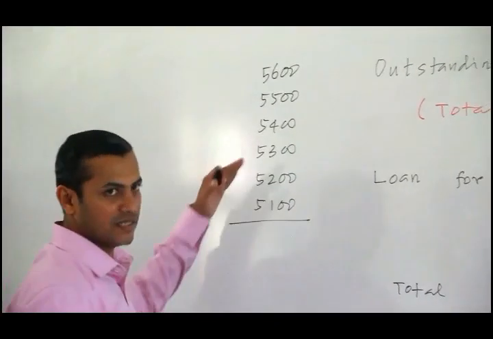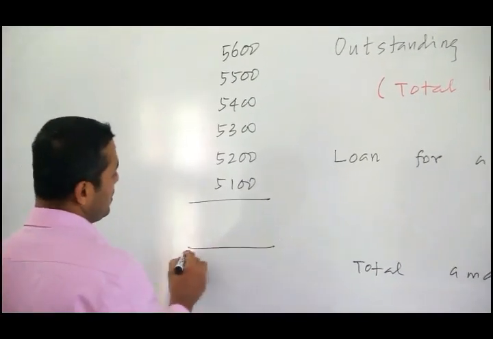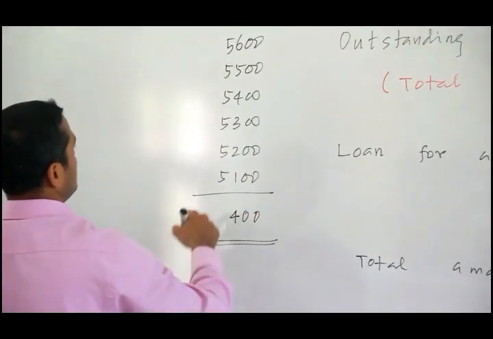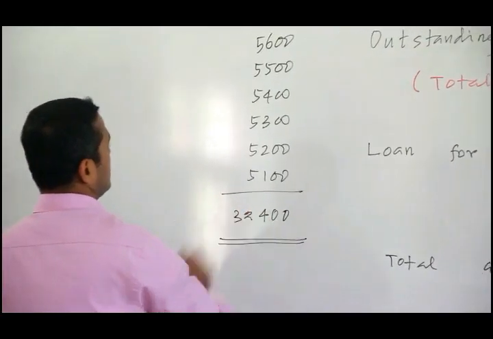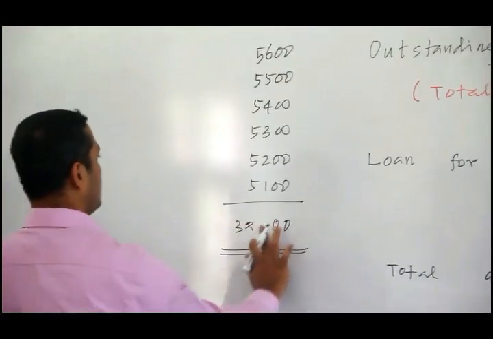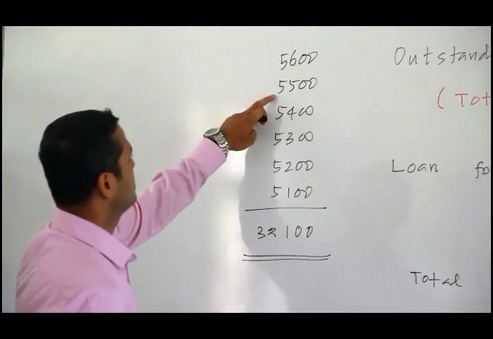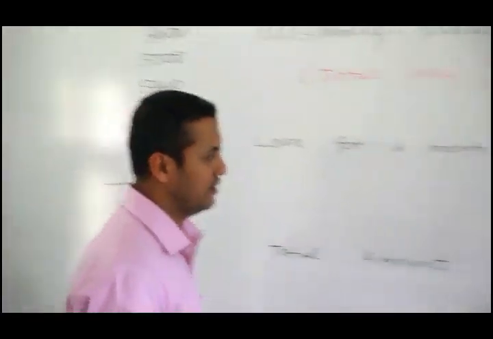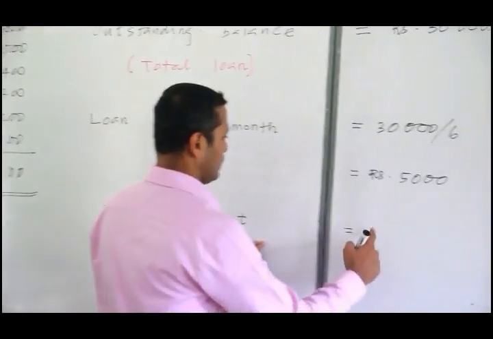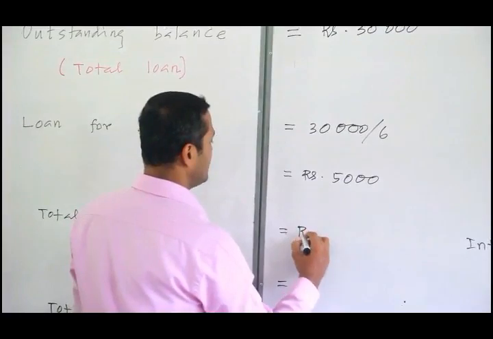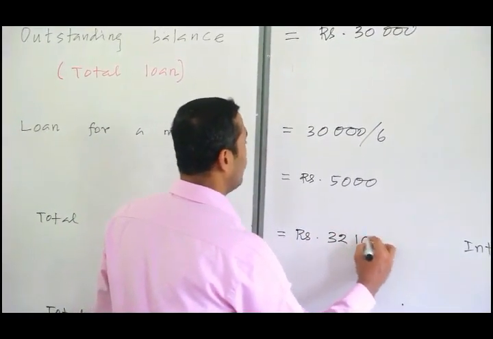We need to add all these 6 monthly installments to get the total amount. Is this correct? Yes, 32,100. So the total amount is rupees 32,100. Hope you understood.